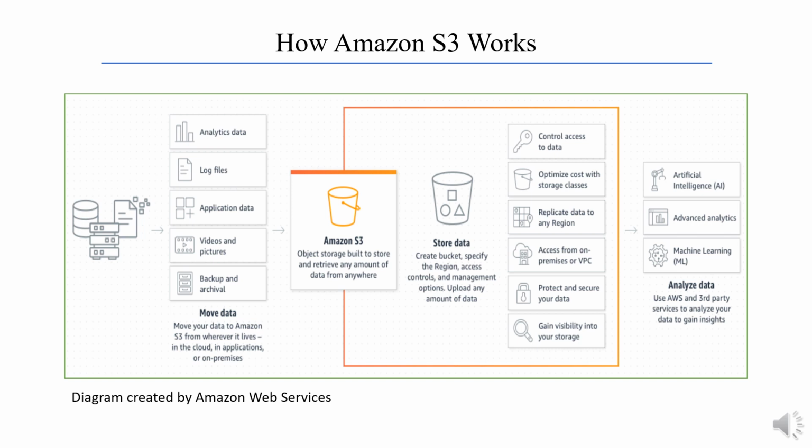The third section is titled Analyze Data. The third section says, use AWS and third-party services to analyze your data to gain insights. Nearby icons show ways of analyzing data: artificial intelligence, AI, advanced analytics, and machine learning, ML.